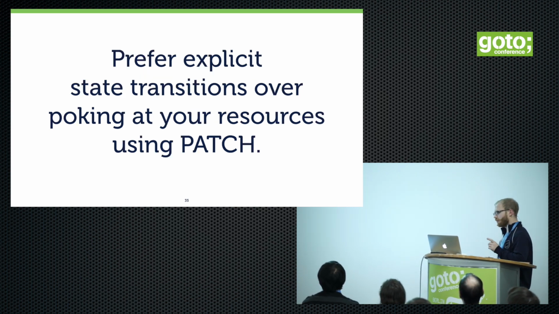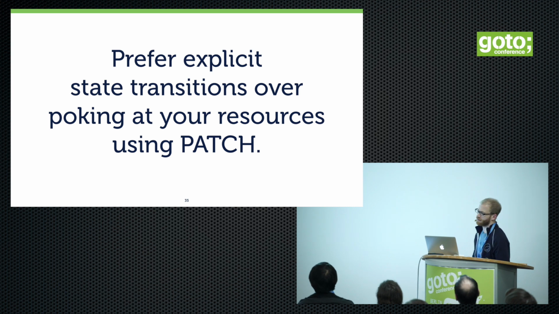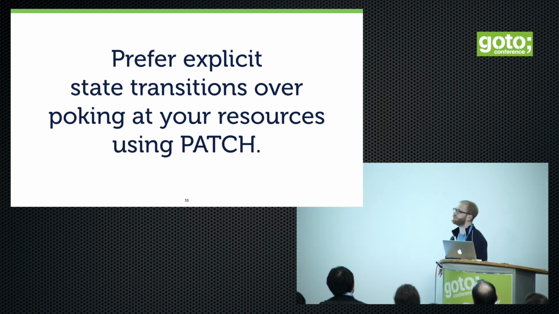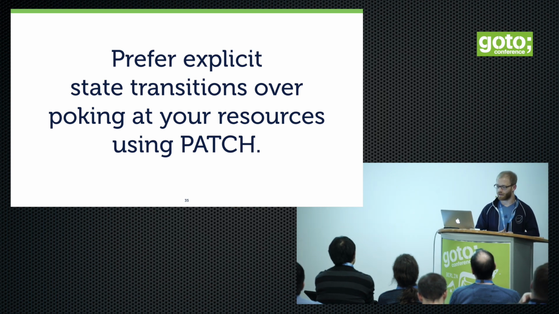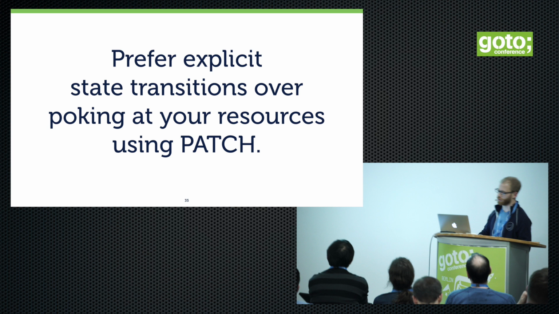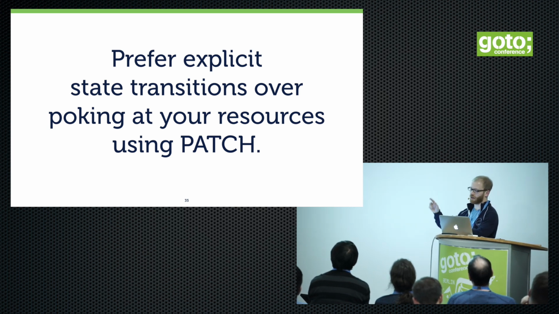Another thing that plays into that is that it's just a general recommendation. I'm again coming from that argument that, okay, we just do our resource and then we patch it like crazy and we just know which fields we have to update when.